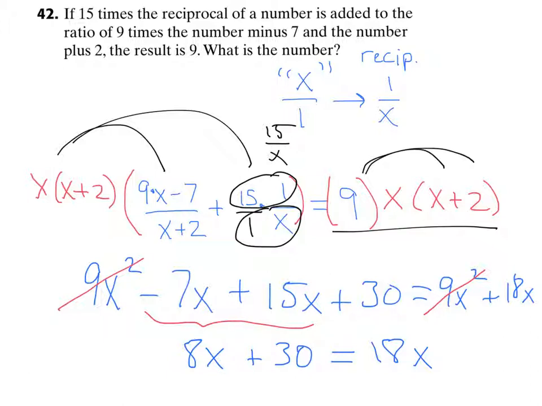Let's go to this. I'll change a color here. Technically, I probably should have multiplied this together and said this is 9x, and then that's gone. And so now I would have more clearly written 9x times x, which is 9x squared, 9x times positive 2, which is positive 18x.